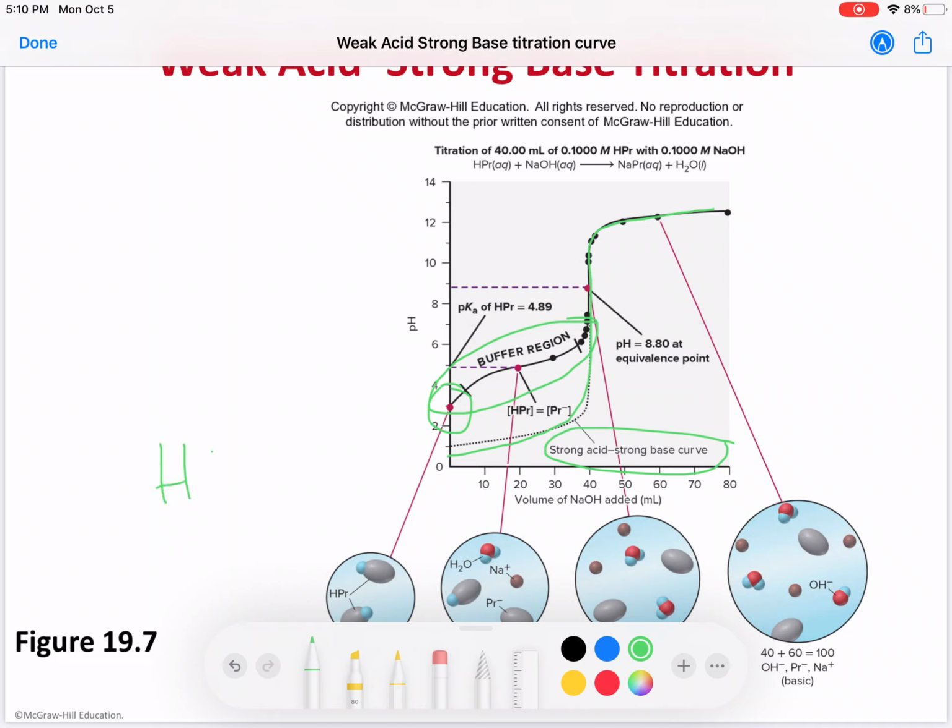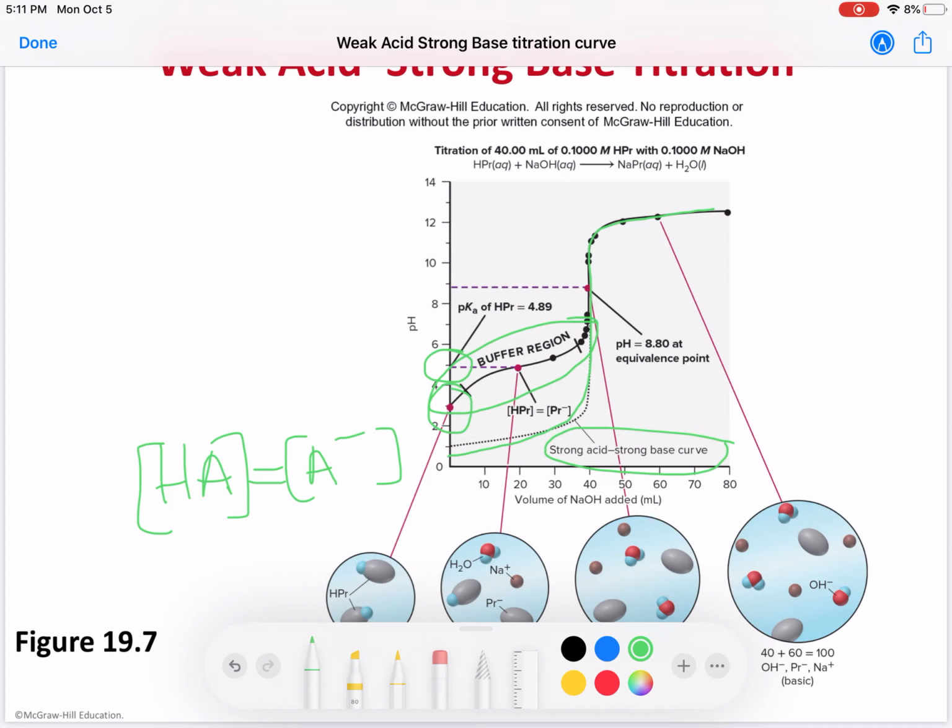HA concentration equals A minus. The conjugate acid and the base are the same in the buffer region. So you find the midpoint, and once you find the pH at that point, that is going to be the pKa. And it explains this graph also, how the pH changes as you add the base.